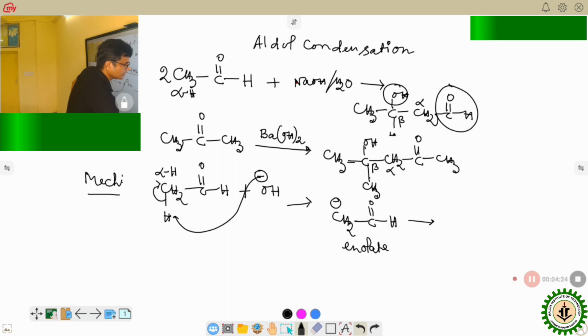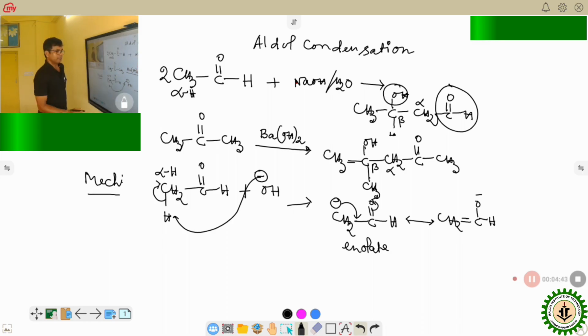Okay, this is again stabilized. Now this enolate acts as a nucleophile.